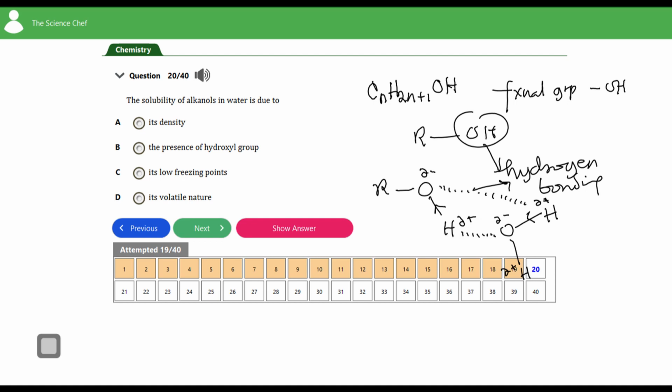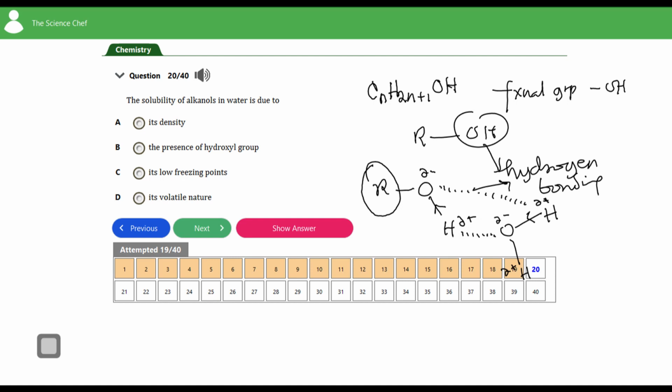And not just the solubility, it accounts for the high solubility of the alcohols in water, though that solubility decreases as the alkyl group increases, as the number of carbon atoms in the alkanol molecule increases.